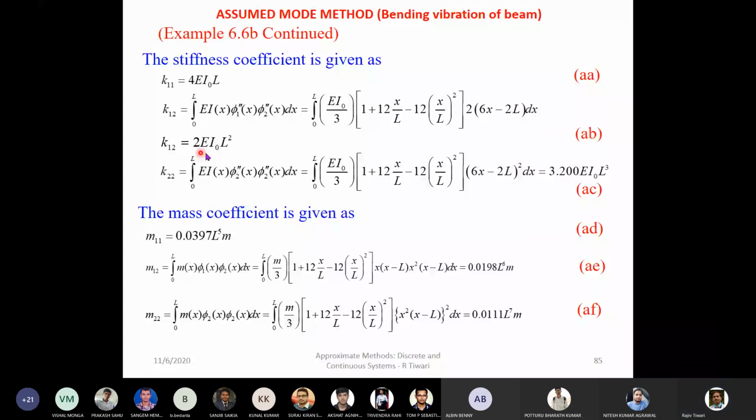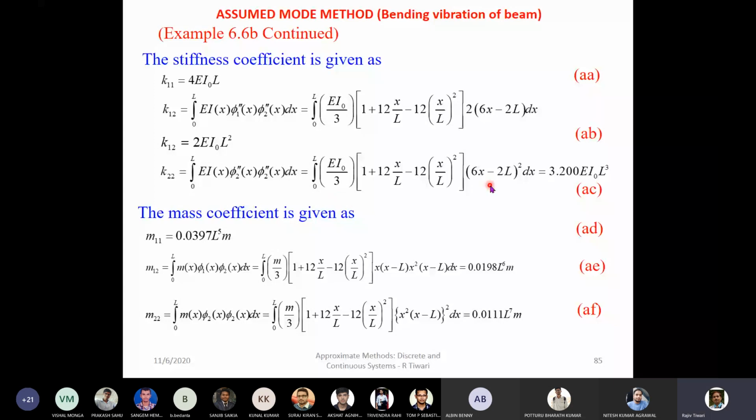Similarly, K22 will be the integral of EI times phi2 double prime. Here both i and j are 2, so this is phi2 double prime, and this is the EI variation. Because there are two terms, the square of 6x minus 2L.